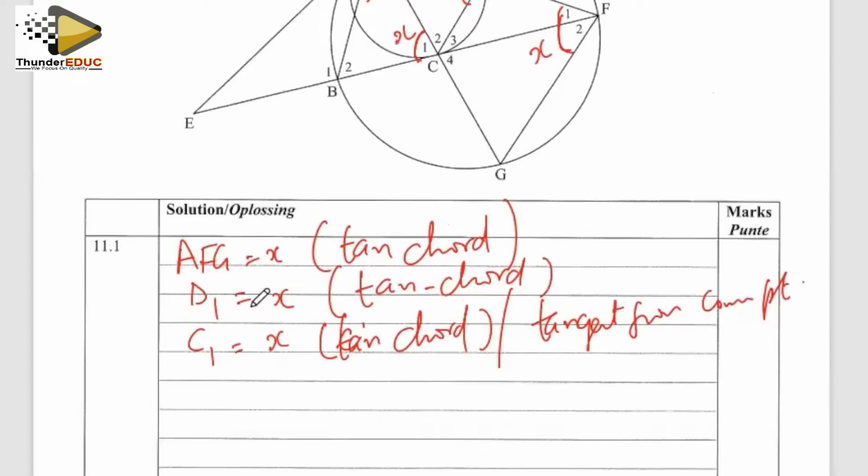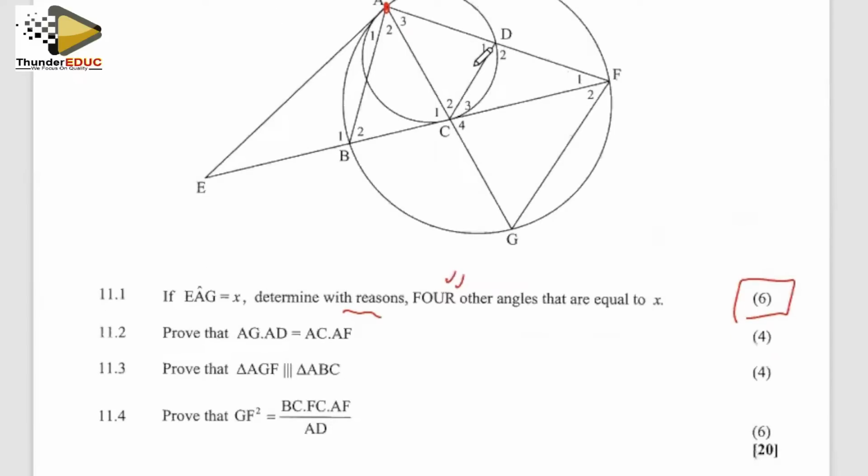Then the fourth angle is going to be C4, this angle here, because this and this will be vertically opposite angles. All right, so we have our 4 angles as per the question required. So that is X, X, X, and these are also X. Even this one, X.